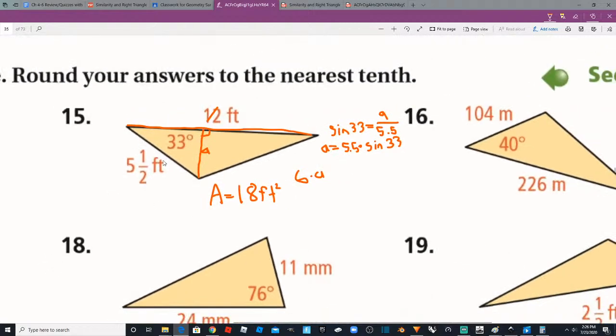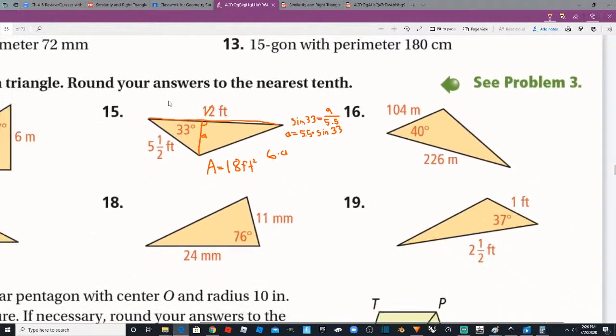So to find the area of this, we're basically dividing it into 2 with an altitude, finding that altitude and using the base. Before, I got a big answer because I found the areas of both of these triangles and added them, but this way is so much easier. It'll save a lot of space.